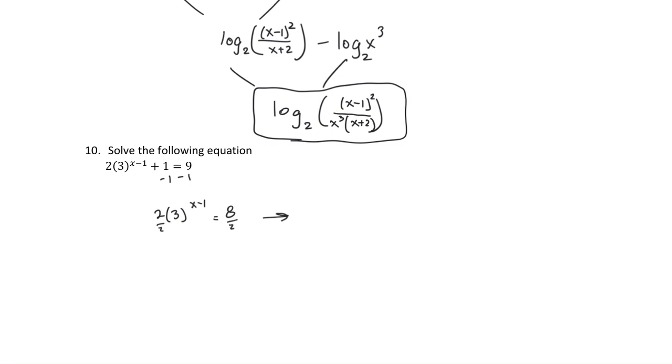So you're going to have the base 3 is equal to 4. Now we can cancel the base using a logarithm.